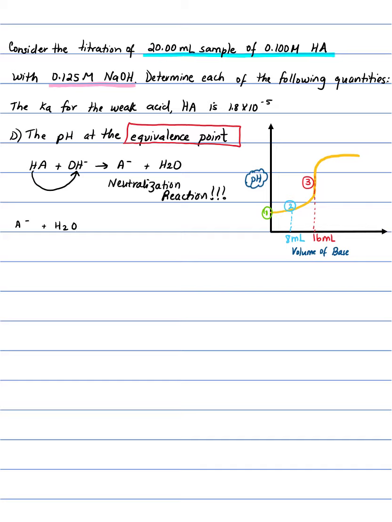Now, the conjugate base is a base, which means that it can accept a proton from the water to give you that. You see how this HA that I'm writing here and this hydroxide that I'm writing here, the HA is not from your initial concentration of the acid.